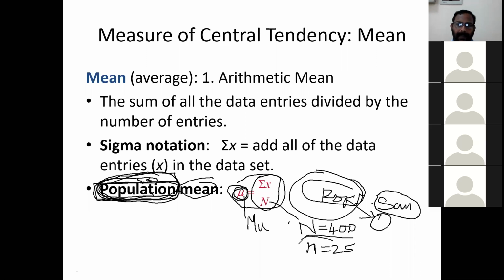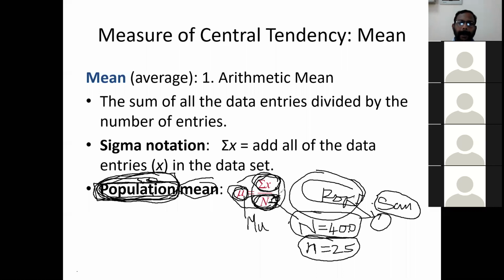That is the sample size. This is the population size. So here, the total value, the addition of all the values, will be divided by the total number of observations you are adding here, which is equal to the size of the population. So mu is equal to summation of x divided by capital N. Don't forget that.